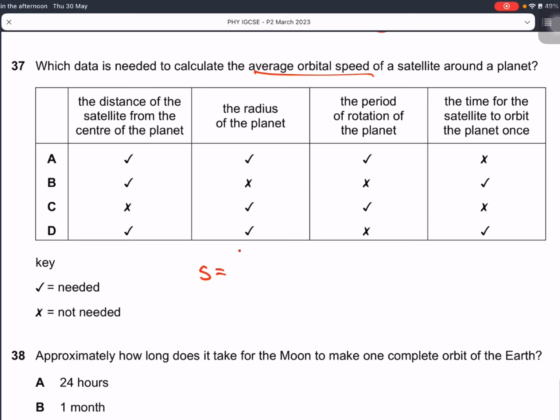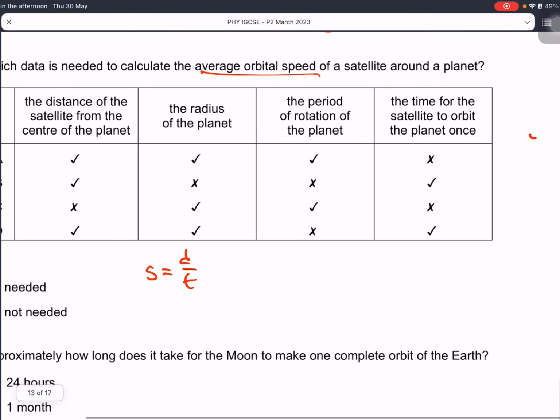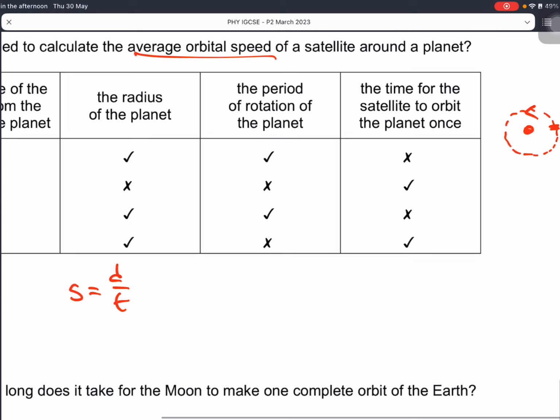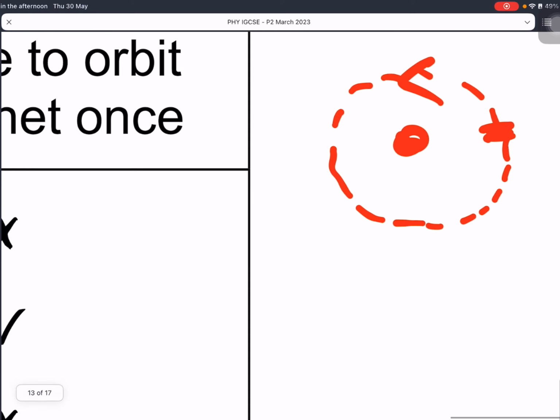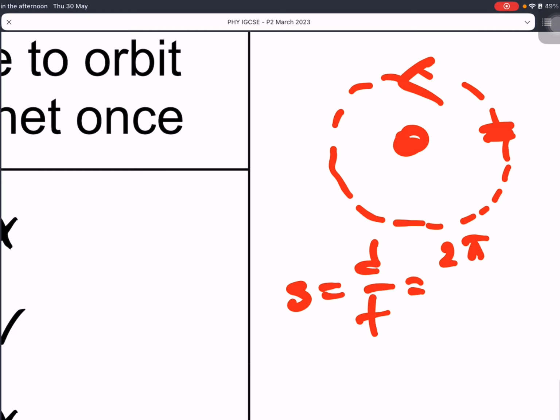Simply, speed is going to be distance over time, guys. In the orbital case, this is the planet and let's say this is the satellite. So simply, speed is distance over time. Distance for this guy to make the orbit is going to be the circumference of the circle here. So simply 2 pi r.